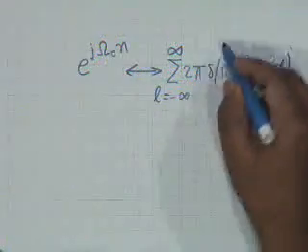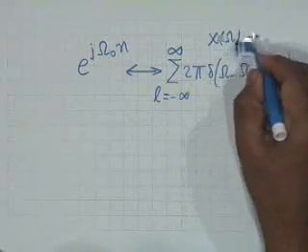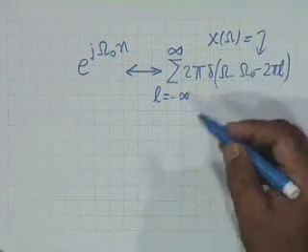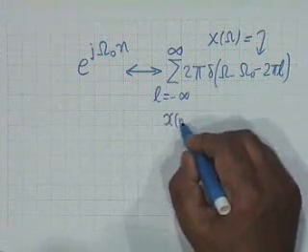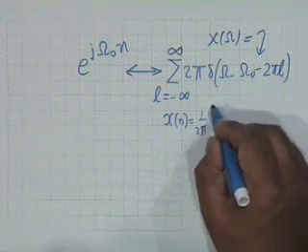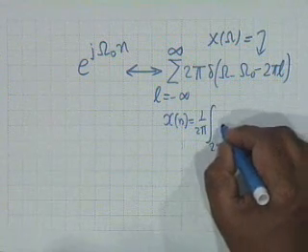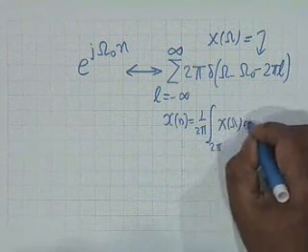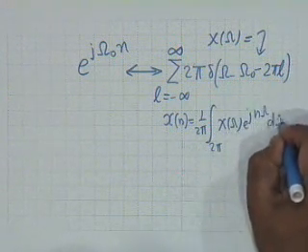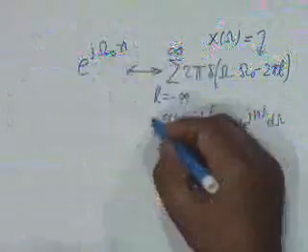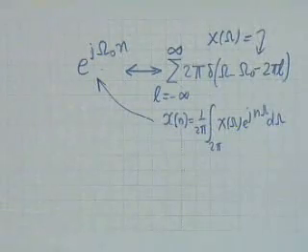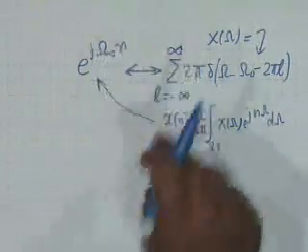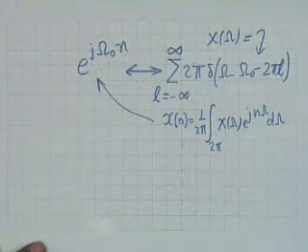That is, we assume that capital X of omega is equal to this, and then we applied the inversion integral. That is, we found out x of n as 1 over 2 pi integral over 2 pi of capital X of omega e to the j n omega d omega. We found out that x of n is exactly equal to this. We went through the converse route because it is more convenient. The direct evaluation is somewhat difficult.